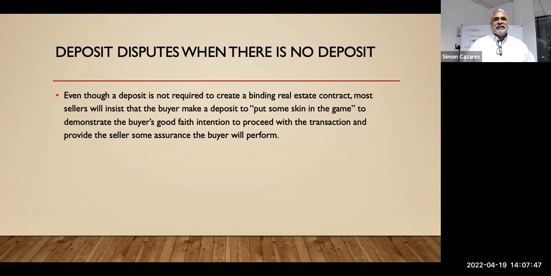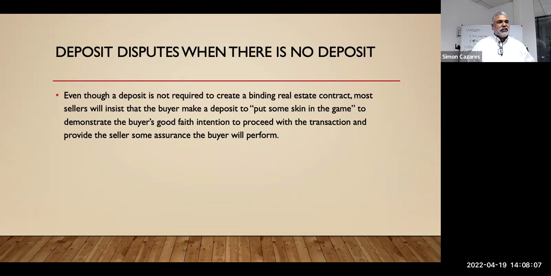Well, here's your answer. It is not required. Most sellers will insist the buyer make a deposit to put some skin in the game to demonstrate the buyer's good faith.